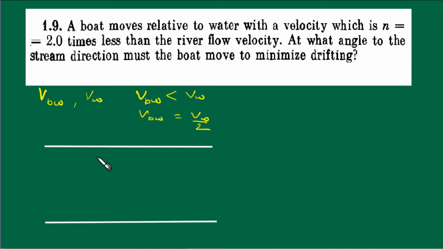So, at what angle to the stream direction must the boat move to minimize drift, right? Minimize drifting. Okay, fine. So they want to know in which direction. Let me draw this line for you.